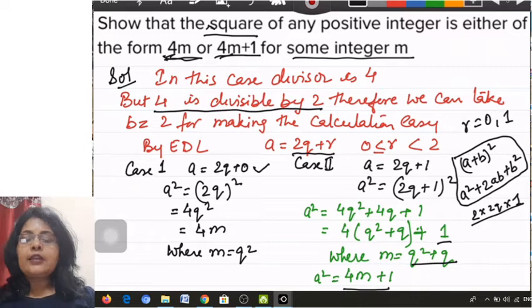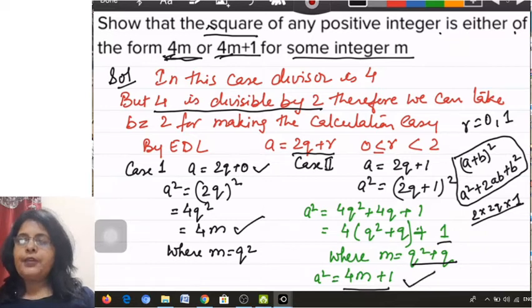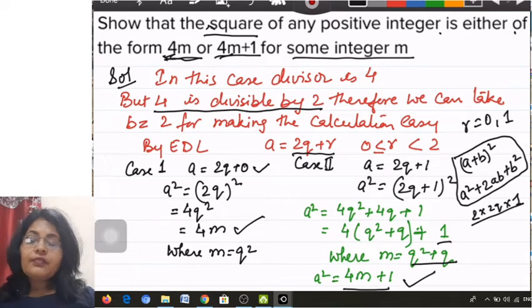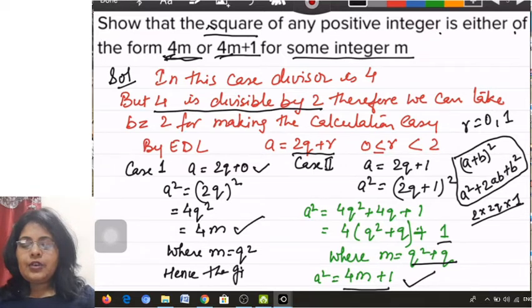They have asked that the square of any positive integer is either of the form 4m or 4m plus 1 for some integer m. When we put r equal to 0, it was 4m, and when we put r equal to 1, it was 4m plus 1. Hence the given condition is satisfied.